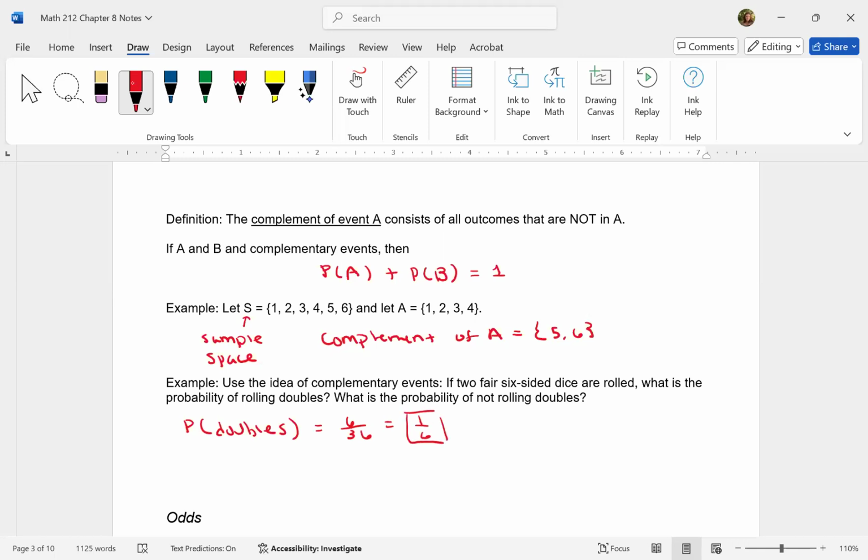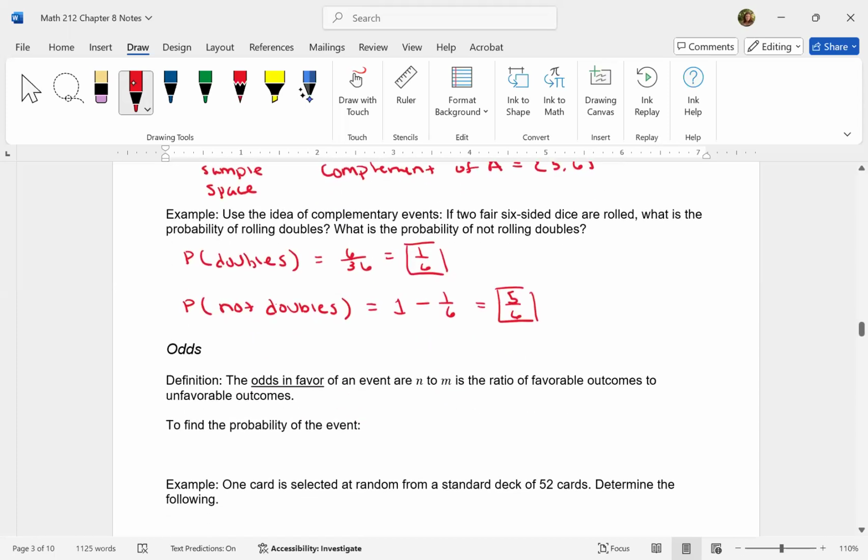So then the probability of not rolling doubles is basically asking for the complement of this. And in that case, we think of it as doing 1 minus 1/6. Or in other words, there's 5 out of 6 left over for the complement, since 1/6 and 5/6 add up to 6 over 6 or 1.